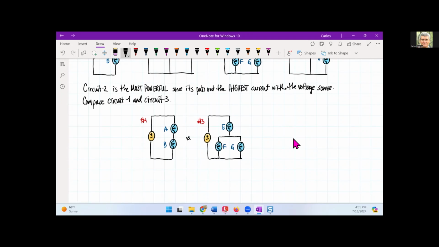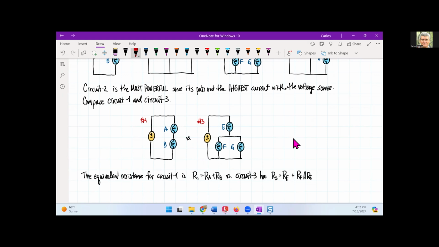So what I'm seeing here is that the equivalent resistance for circuit 1 is going to be R1, which will be RA plus RB, versus circuit 3, which has R3, going to be RE, but now I'm going to have RF and RG in parallel.